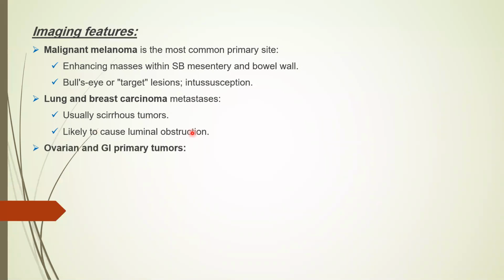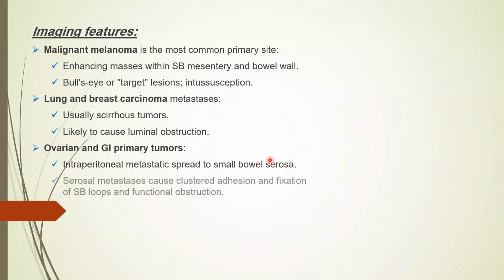GI and ovarian tumors usually spread transperitoneally to the small bowel serosa. May result in adhesions, fixation, and functional small bowel obstruction.